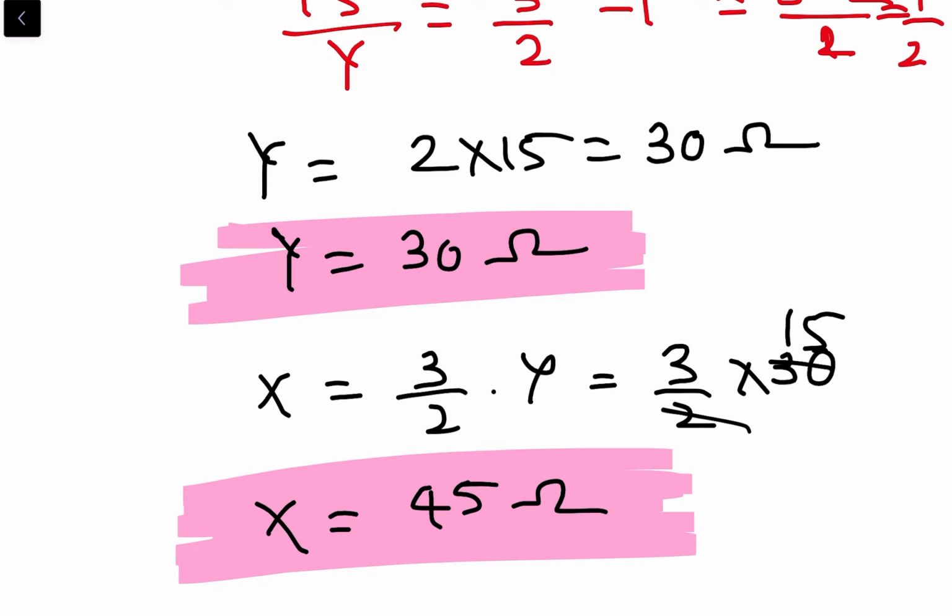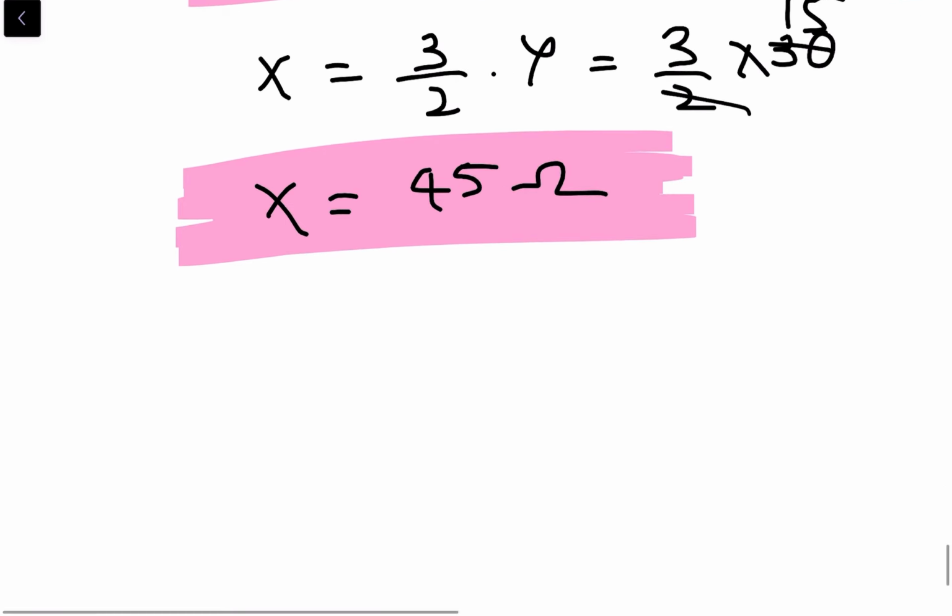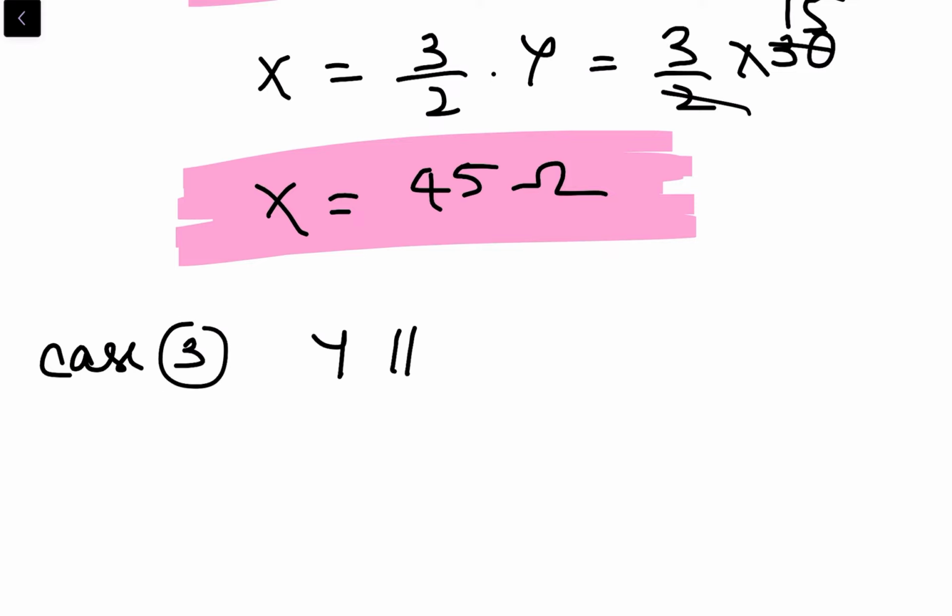They asked, when a resistance 30 ohms is connected in parallel with y again, where we get the null point. So let's go for the third part of this problem. Case 3, let us say when y is connected with a parallel combination of 30 ohms, let us say the resultant is y dash.